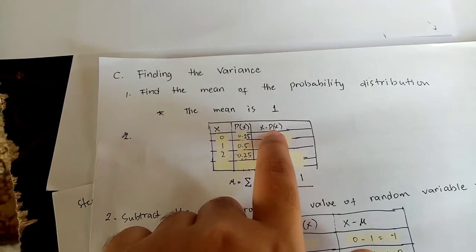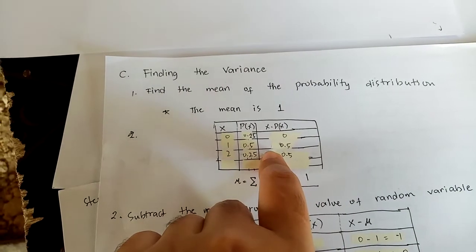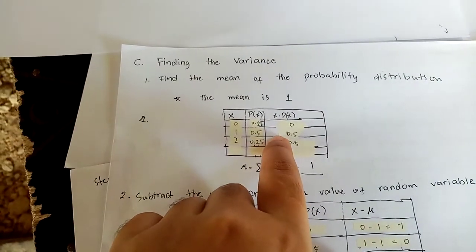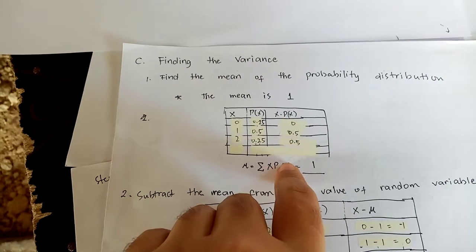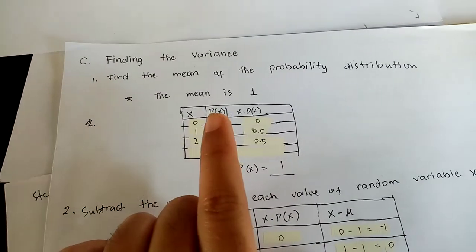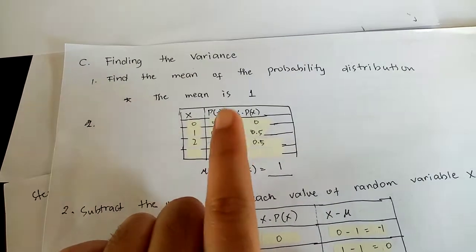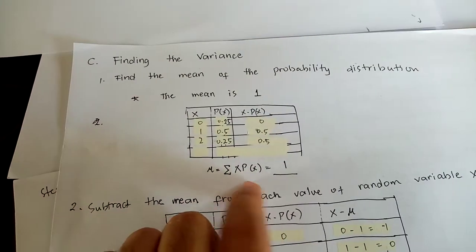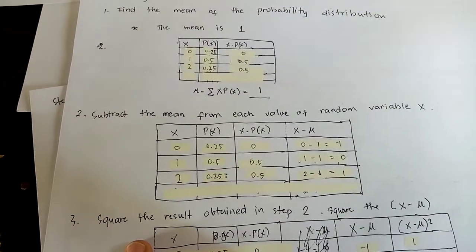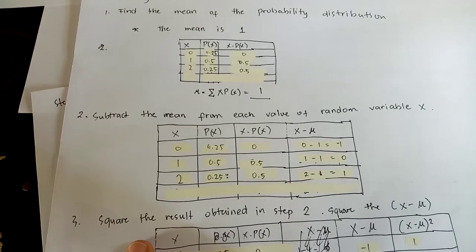Then, pag nakuha nyo na, pag na-multiply nyo na, i-add nyo na po yung result, which is 0 plus 0.5 plus 0.5 is equal to 1. So, the next step is subtract the mean from each value of random variable x.